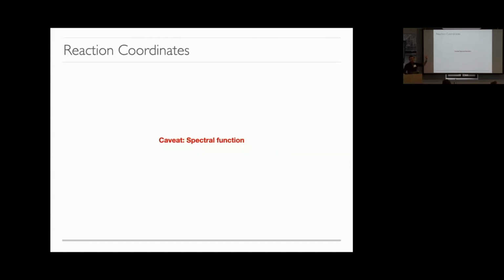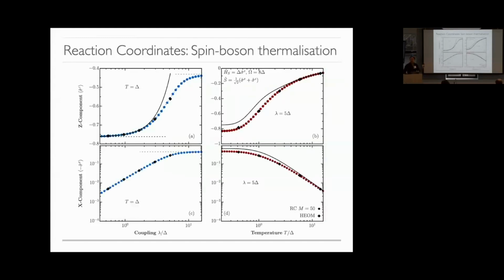You can only do this approach whenever you have a spectral function that after the mapping gets you something that's weakly coupled to your residual reservoir. There's a list, basically, of spectral functions you can do this for. The one I showed you here is a Lorentzian one.